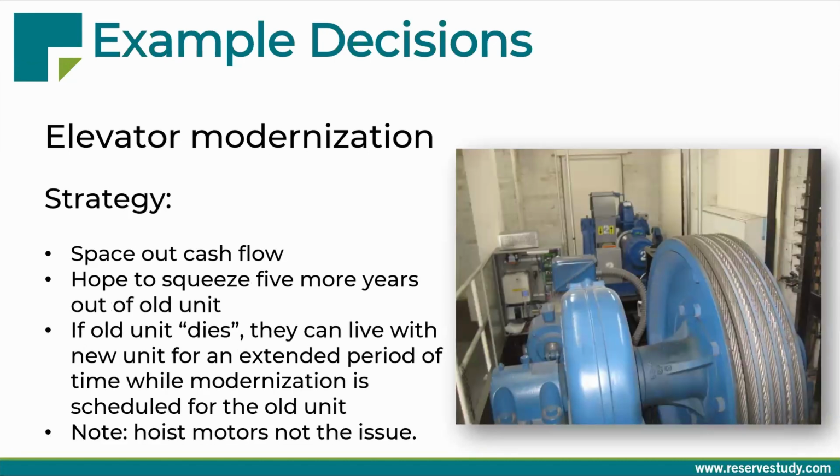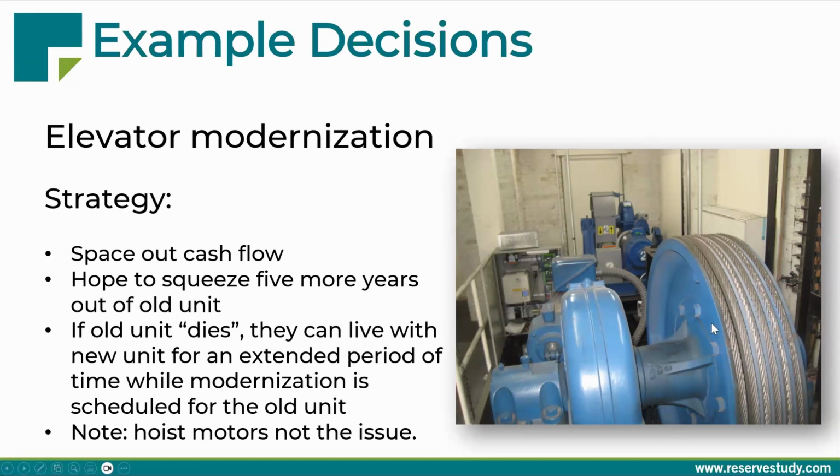And so let me talk through the strategy here. We walked them through this project. We developed a plan to space out their cash flow. They were going to squeeze 5 more years out of the old unit. I'm standing right next to and behind the old unit, looking across the elevator room to the newer unit. And they figure that if indeed this old unit dies, then they can live with the new unit for perhaps an extended period of time while they get in line to order the parts and get the project scheduled to get this old unit redone.